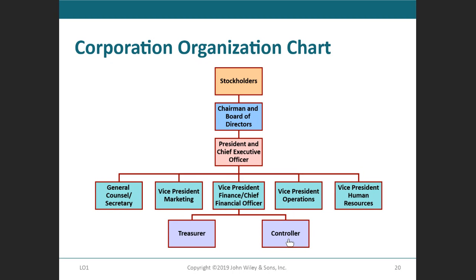The head accounting officer is called controller, who reports to the VP finance, right? So you have VP finance, you have treasurer and controller. So far so good? So this is the general structure of an organization, of a corporation.